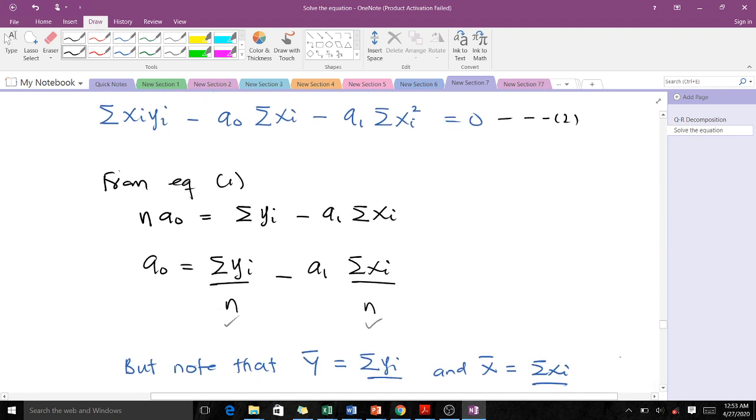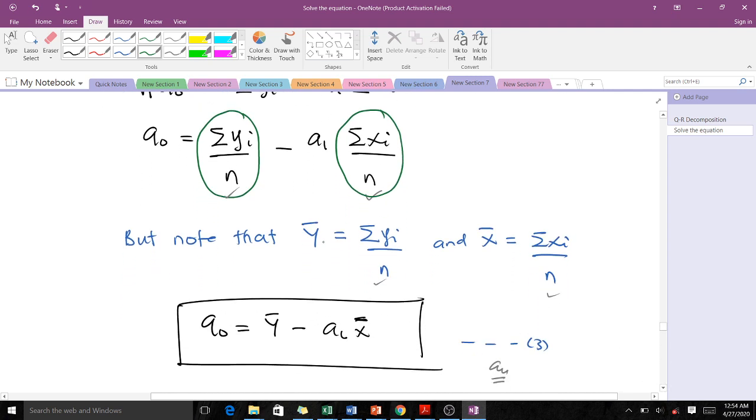So from equation 1, we try to make a naught the subject. So making a naught the subject, we end up with this. And you realize that this thing here is the same as the mean of y, and this thing here is the same as the mean of x.